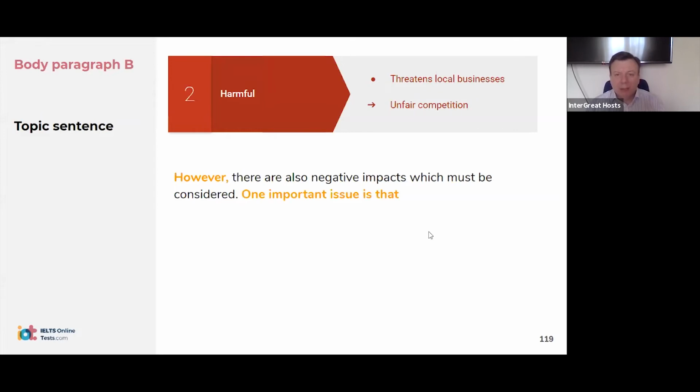One important issue is that multinational companies can take, so some of you mentioned this at the beginning. There's a few words that would go in the gap. So customers, yeah, some of you mentioned this when we were brainstorming at the beginning.